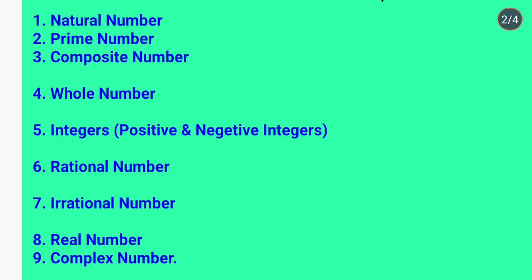A composite number has more than two factors. For example, 9 has factors 1, 3 and 9.